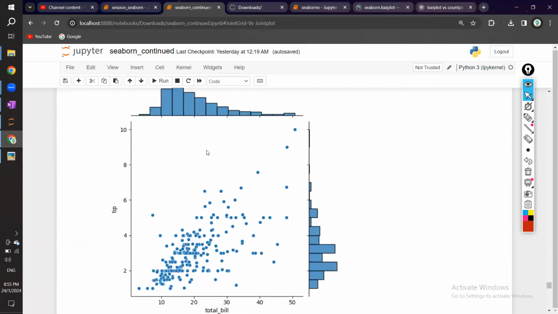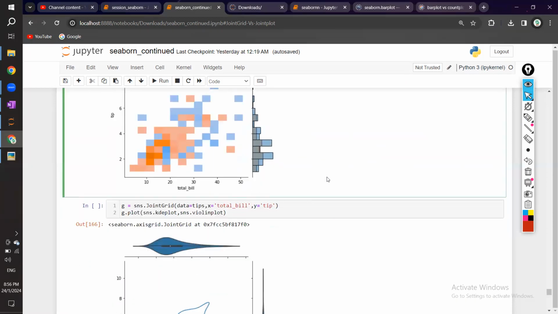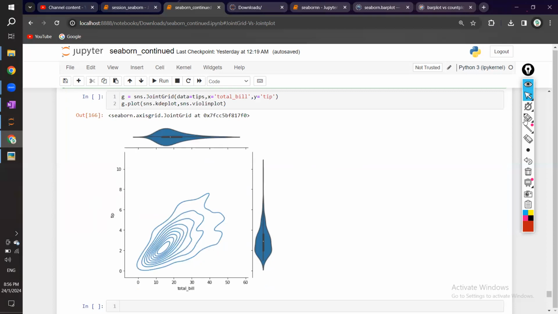As I said, this is similar to pair plot, nothing new. It is just a combination and permutation of other graphs. So by default scatter and histogram, or you can also change it to histogram and hue parameters.